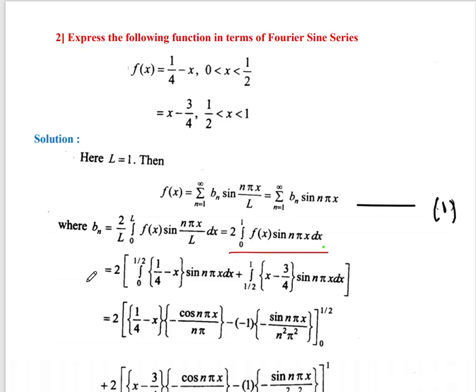This can be written as 2 times, in the first bracket, integral 0 to 1 by 2 f of x, the value of f of x in this interval is 1 by 4 minus x, sin n pi x dx, plus second integral 1 by 2 to 1, where the value of f of x is x minus 3 by 4, sin n pi x dx. So here we have split the given integral into two parts. Now we will integrate.